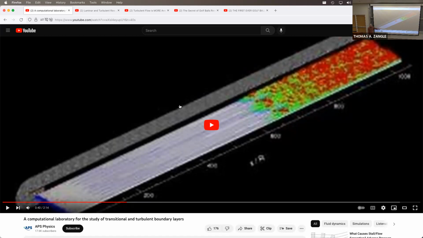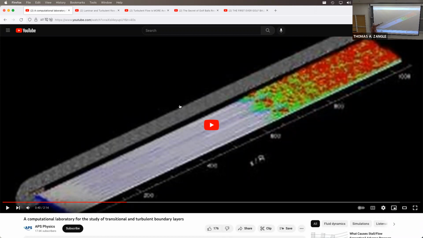It is incredibly computationally intensive. The results that we're going to see from DNS or direct numerical simulation today were done on incredibly powerful supercomputers, right? So it's not really commercially viable at this stage. But with direct numerical simulation, since we're not approximating anything, we can see the full structure of everything that's going on in the flow.